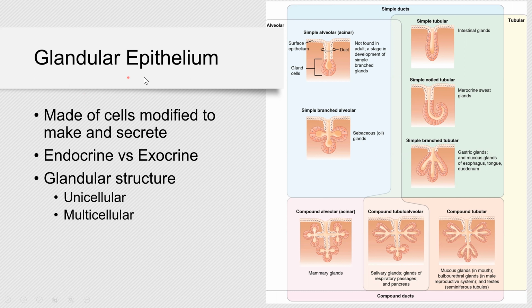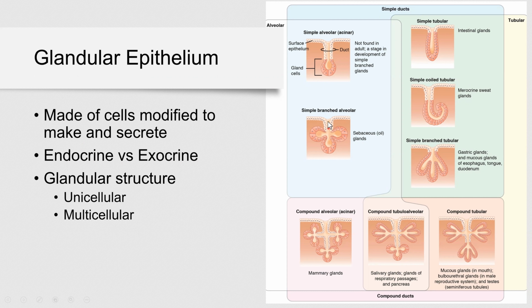And that epithelium is called glandular epithelium, made of cells modified to make a product and secrete product. When we're talking about glands, we have endocrine glands and exocrine. Now, endocrine glands secrete hormones in your bloodstream and lymph. Exocrine glands secrete their secretion, their product, through ducts.